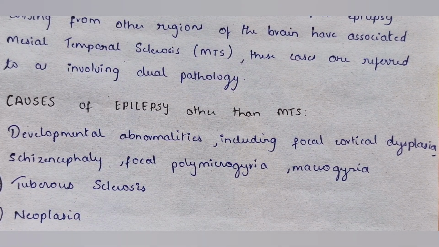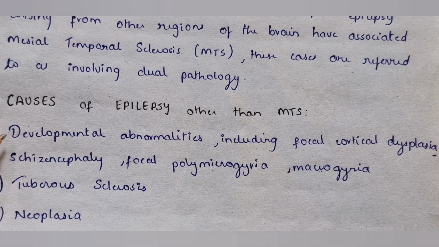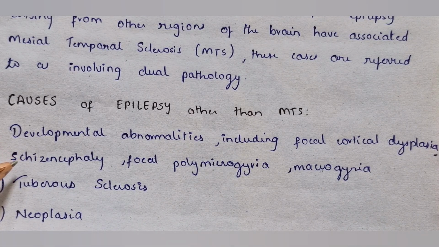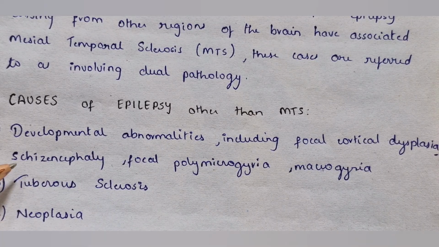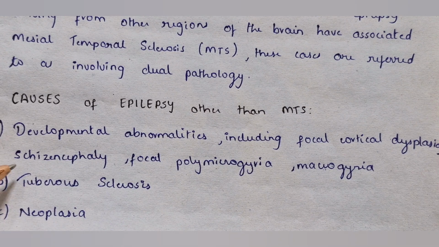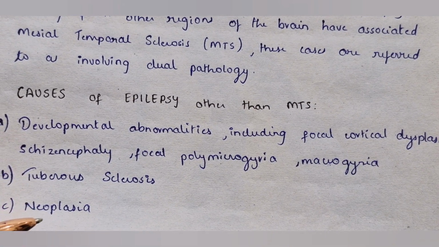Causes of epilepsy other than mesial temporal sclerosis include developmental abnormalities, including focal cortical dysplasia, schizencephaly, focal polymicrogyria, macrogyria, tuberous sclerosis, neoplasia.